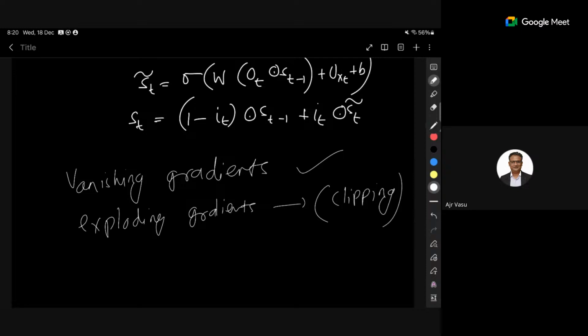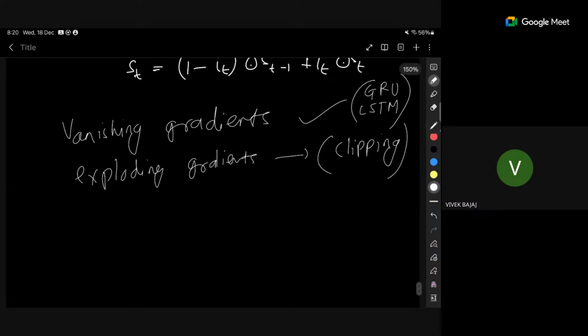Yeah. So, I have one question here. Can we use clipping for the vanishing gradients also? No, not required. Because let's say vanishing is there. What happens is 1, then let's say 0.8, 0.2, 0.001. Now what will you clip? There is nothing to clip, right?